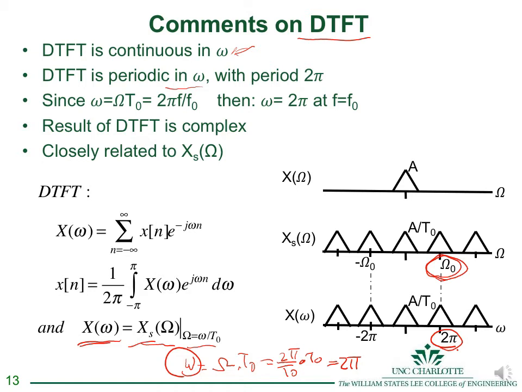And so all we have to do is line up the axes, and at 2 pi in discrete time frequency should correspond omega 0, and 4 pi, of course, would then correspond to 2 omega 0, and so forth. And so we have essentially the same picture, and only the frequency axis needs to be relabeled.